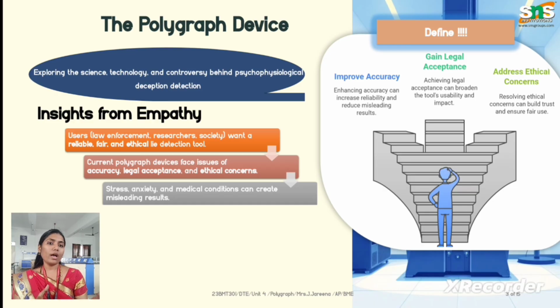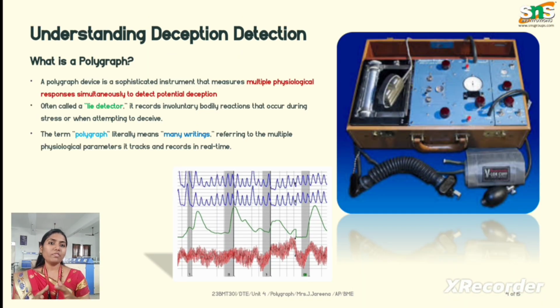This polygraph device is going to support the investigator. Depending on the question the investigator asks the person, the emotional changes can be easily recorded by this polygraph device, and then we identify all together whether the person is telling the truth or not. So this is how the polygraph device plays a vital role.